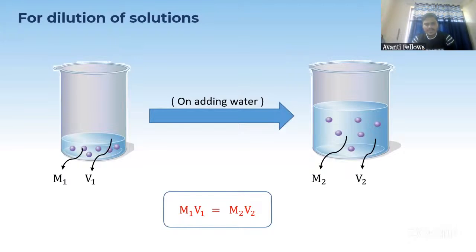So we write the equation as M1 V1 is equal to M2 V2, right? This is called the law of dilution. Whenever we dilute, M1 V1 is equal to M2 V2. तो जब भी question आएगा dilution का, we can use this formula as well. हम इस formula को use कर सकते हैं कि M1 V1 जो होता है वो किसके equal होता है बेटा? That is equal to M2 V2.